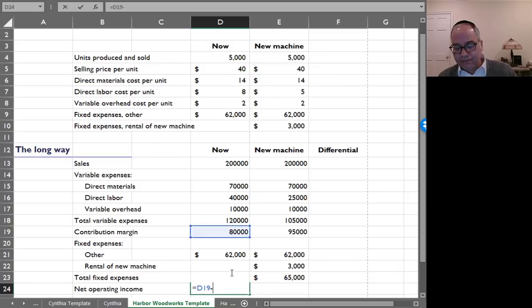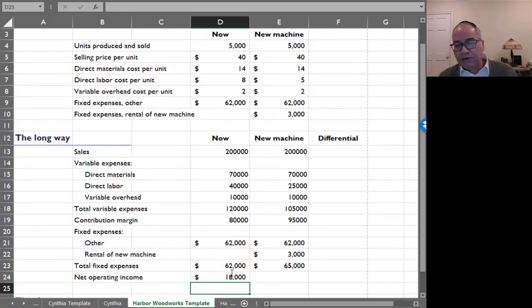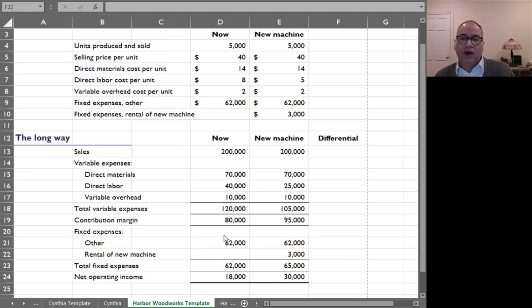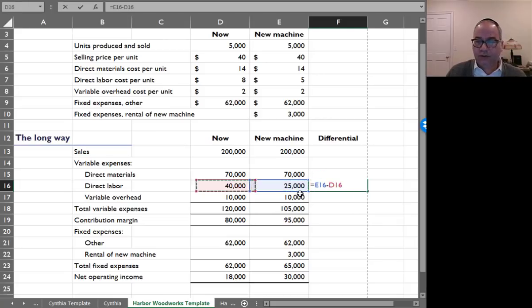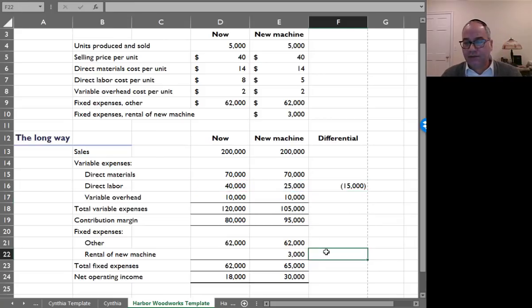So my operating income right now would be $18,000. With the new machine, it would be $30,000. And that's formatted a little nicer now. But we could just focus on the differential here, and you can see that we would have a decrease in direct labor of $15,000, but an increase in the rental of the new machine.